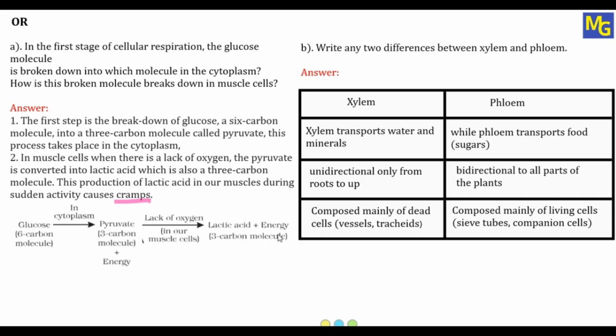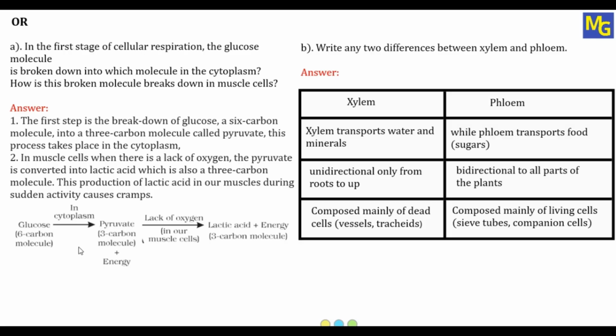That's why you may have seen that when we run, or jog, or do continuous work or lift weights, you may feel some type of cramps in the muscle, and all this is just because of this process. Whenever we do work where the muscles are used, more energy is required, and in muscles, because of lack of oxygen, it will not create more energy, and that's why the breathing process will be fast when we do the work.